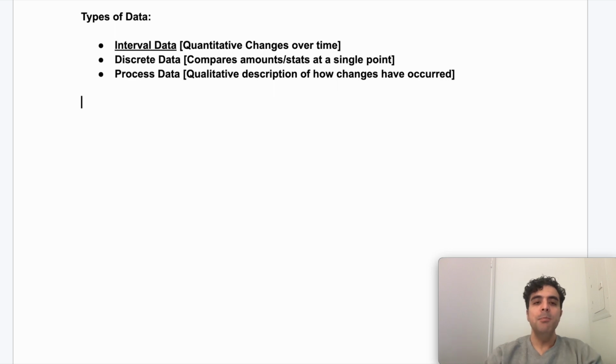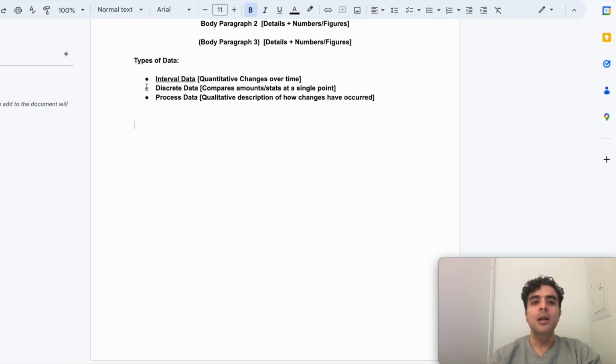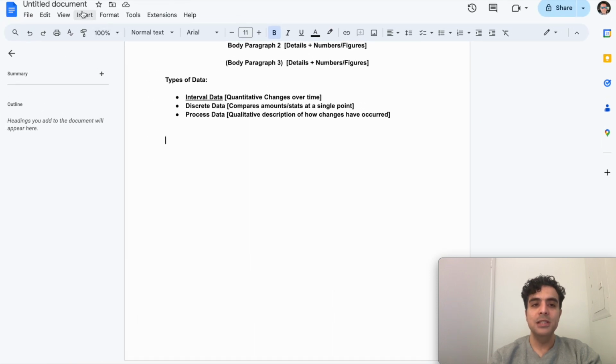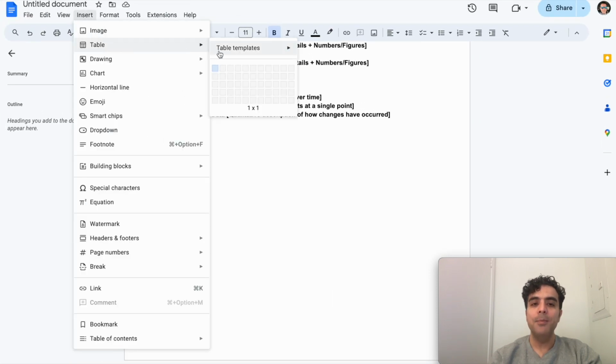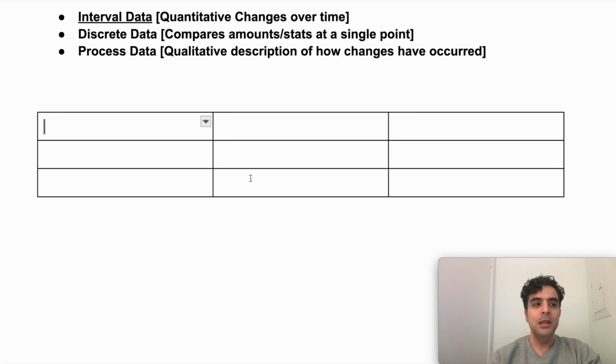Okay, before we proceed, we need to know what are the different kinds of changes that we need to describe. So I'm going to do this using a table. Okay, so we're going to look at the different kinds of changes one would likely encounter. So, we have increases, decreases, and fluctuations, right?